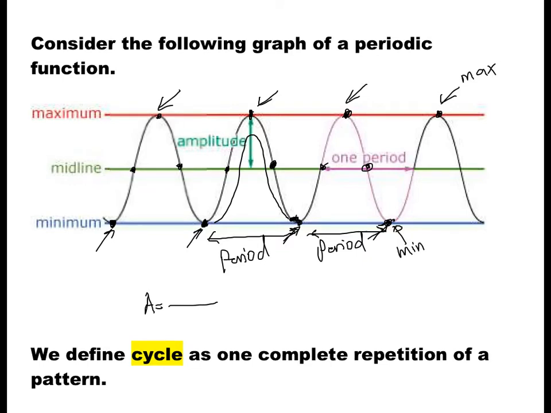How do you find it? Very simple. You say max minus mean divided by 2. So the amplitude is the distance between max and mean, and the way you find it is we subtract mean from max, and then we divide it by 2.